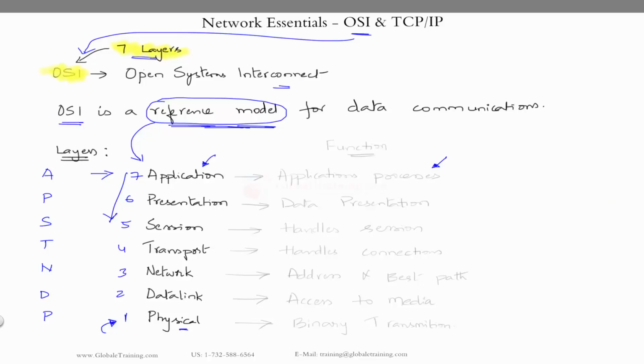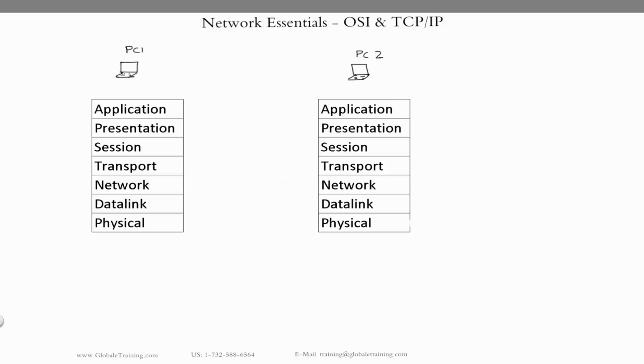Now let's take a look at how these computers communicate in a little detail. So we have two computers, PC1 and PC2, and as we discussed before, we have these 7 layers.